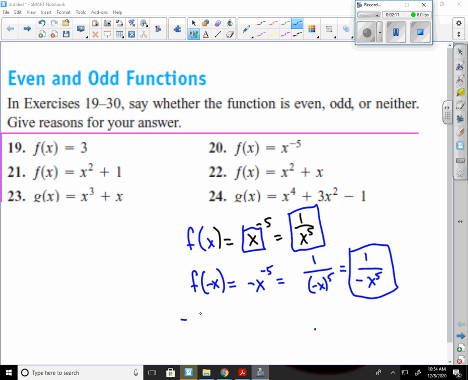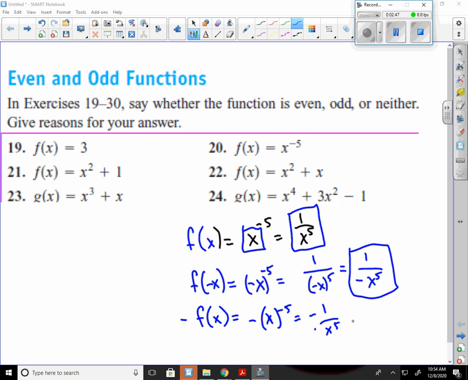So now we check to see if it's odd by doing negative f of x, which means that instead of the negative being inside with the parentheses, I do a negative out in front of it all. If the negative's out in front of it all, it still doesn't change it, because this was a negative inside and it was raised to an odd exponent.